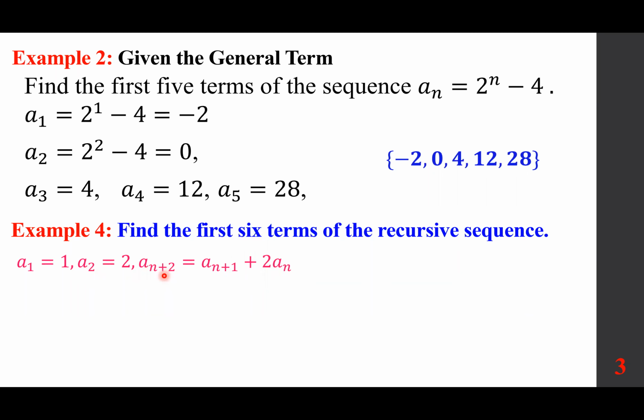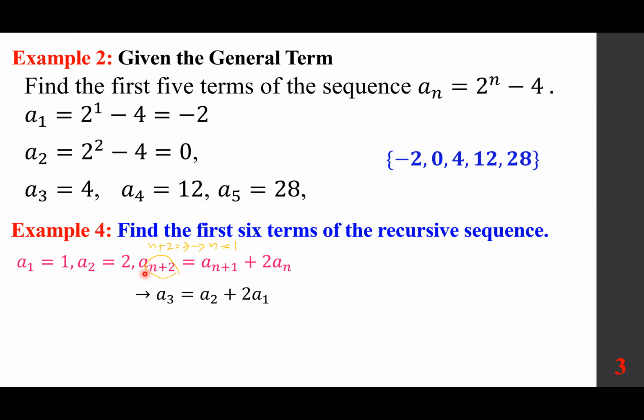So if the next one is a sub 3, you can even change this number to 3. If you change this to 3, then n becomes 1. You can even do that. So this is a sub 3. Now if n is 1, this is a sub 2 plus 2a sub 1. You don't even have to do that if you understand what it's really telling us.